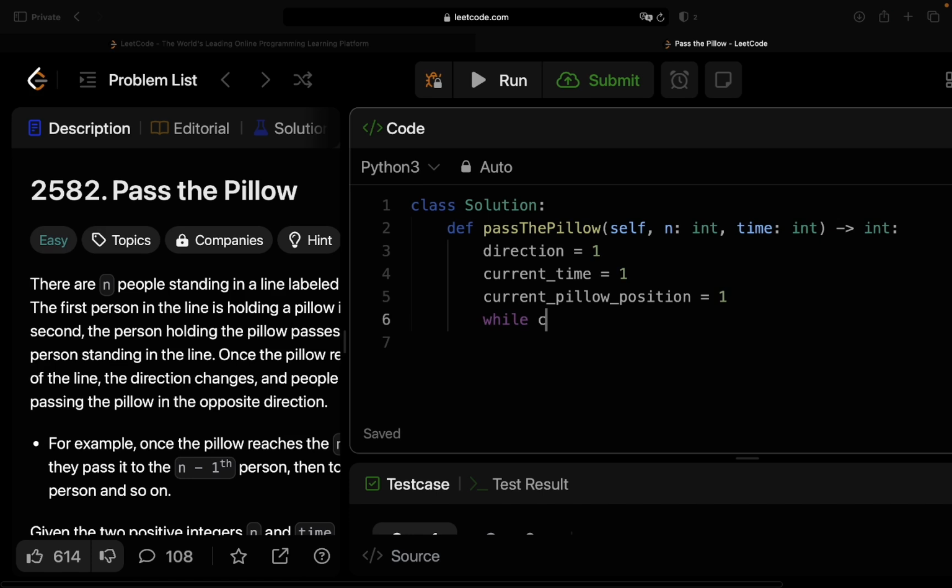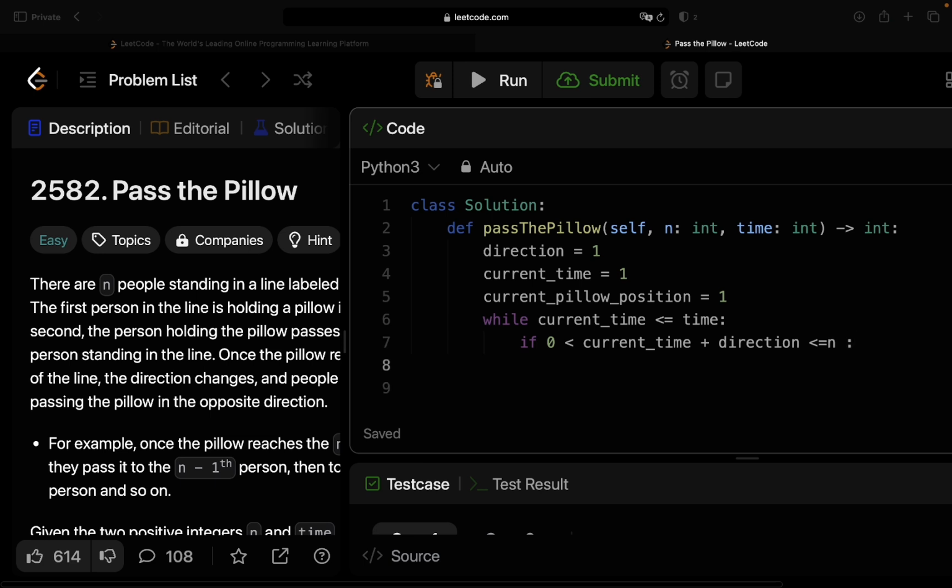So while current time is less than or equal to time, we'll check if 0 is less than current position plus direction. Since direction is 1, which is less than or equal to n.